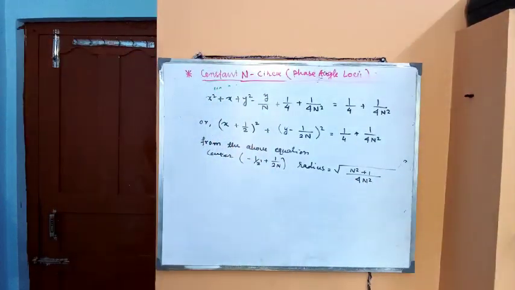These are the things we got for the constant n circle.